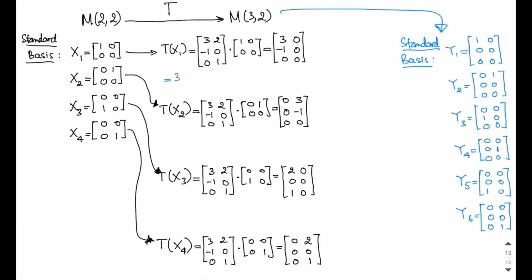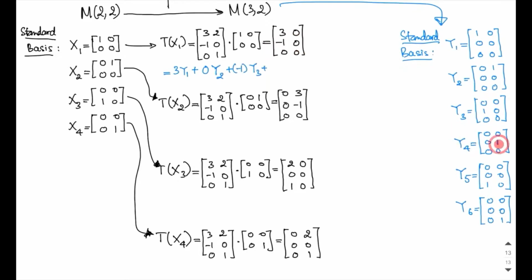Anyway, so that's 3y1. This is 0. That means you multiply y2 by 0 to zero out the number 1 here. So plus 0 y2. And then this position is negative 1, which means you have to multiply y3 by negative 1. You multiply y4 by 0, y5 by 0 as well, and y6 by 0.